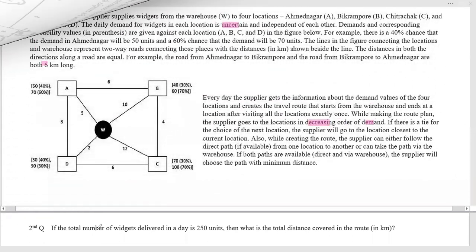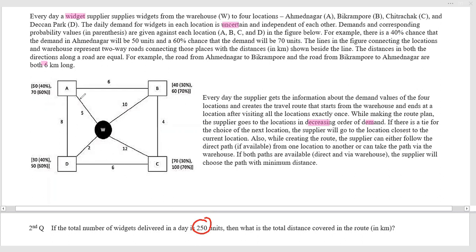Now let us understand the second question. If the total number of widgets delivered in a day is 250, then what is the total distance covered in the route in kilometers? Okay, 250.